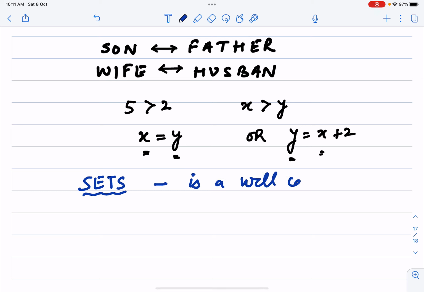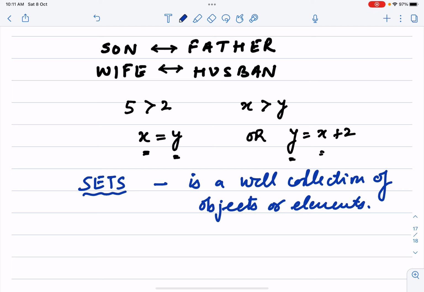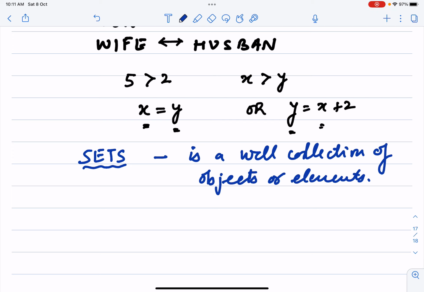So to understand the topic of relations, we should know a little about sets, and then we will jump to the operation called Cartesian product, and from there we will start with relations.